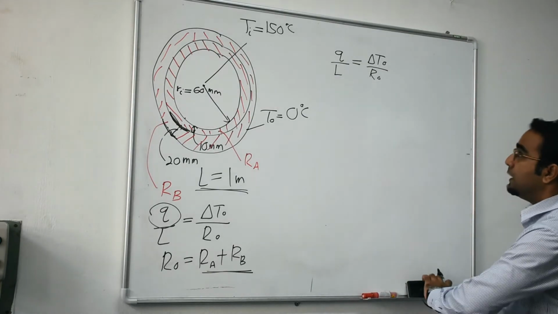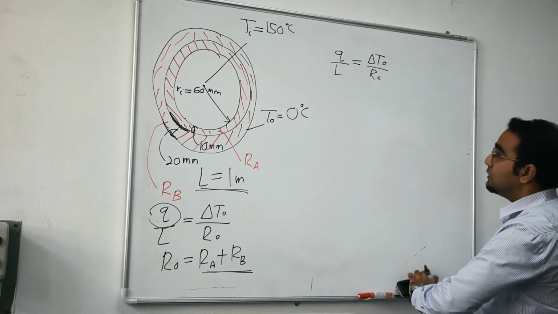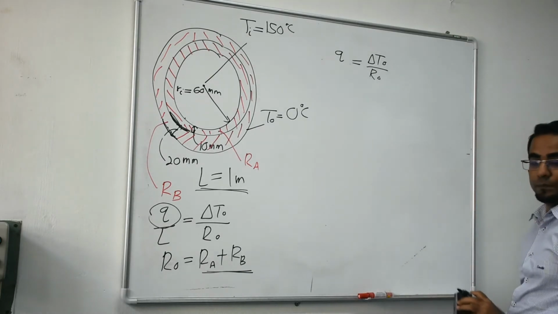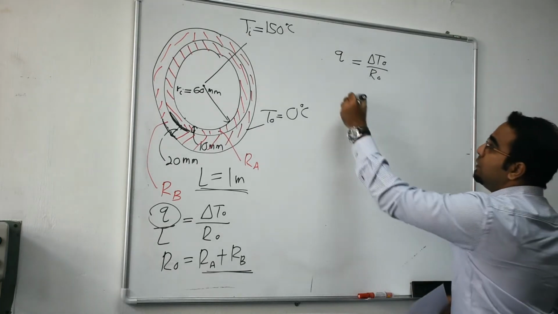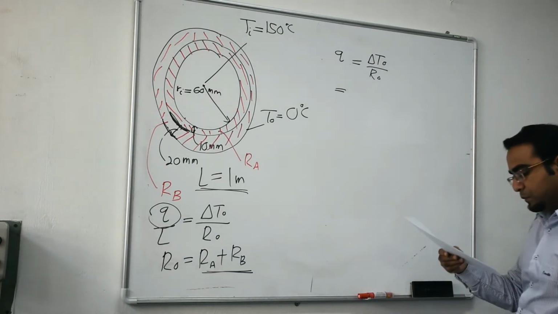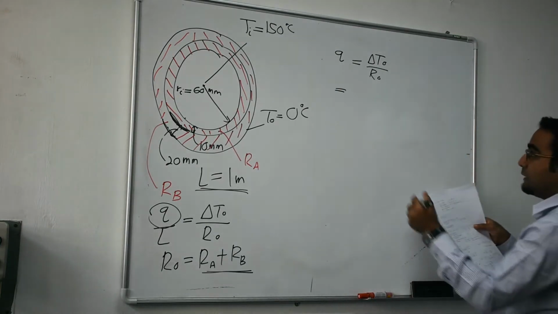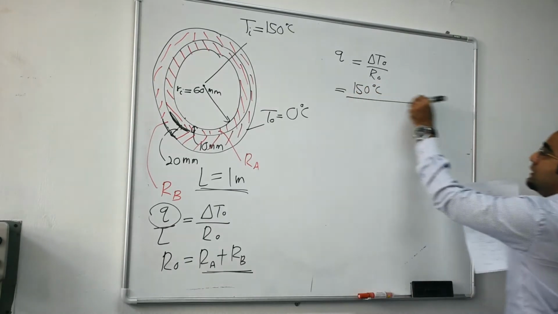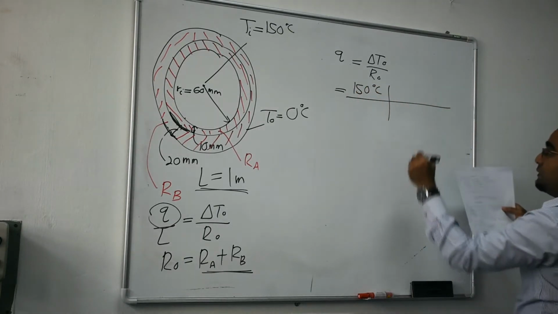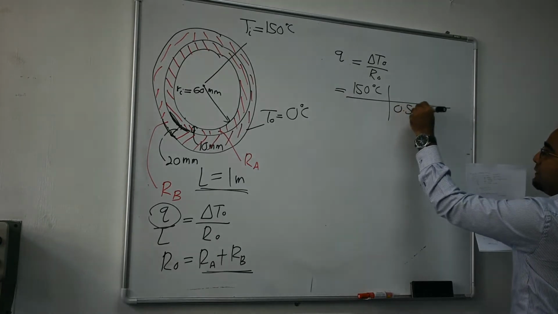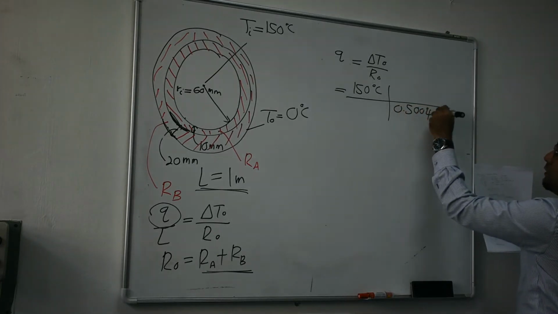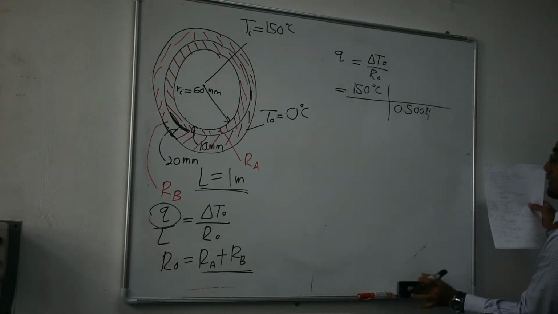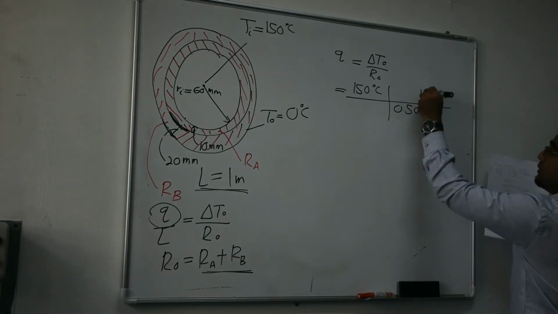So here I can just ignore the value of L. I can just put that Q. Okay, so Q is equal to delta T overall, 150 degrees Celsius, divided by our R overall, which is 0.5004 Kelvin over watt.